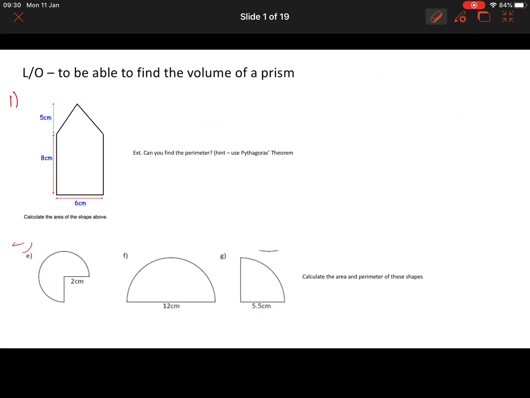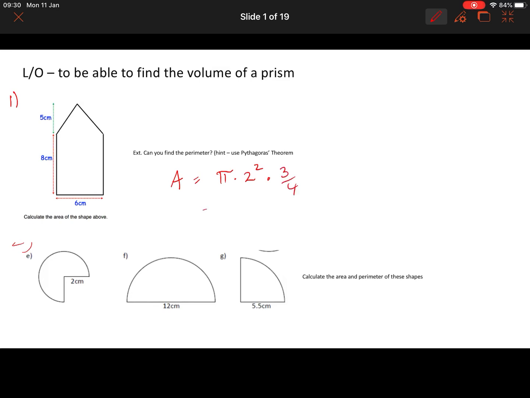Now, what about the areas? We'll do areas first of these circular looking things, okay? Now, what you always have to do with these is consider them to be a fraction of a circle. So if it was a full circle, then the area of the full circle would be pi times 2 squared, pi r squared.